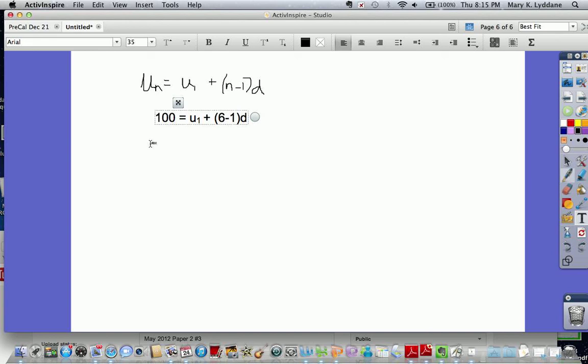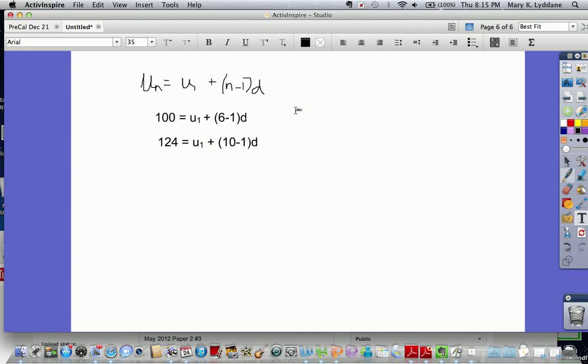So we can see that we're getting ourselves set up for a system of equations. The 10th row is 124, and that's equal to u sub 1 plus n minus 1. So that's the 10th row, n minus 1 will be 9, but I'll write 10 minus 1 times the common difference.